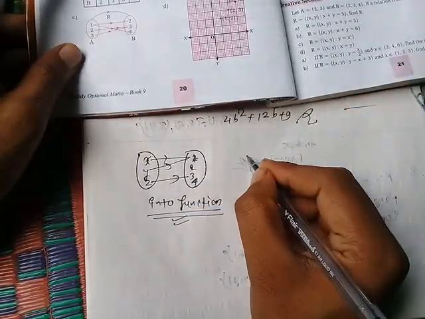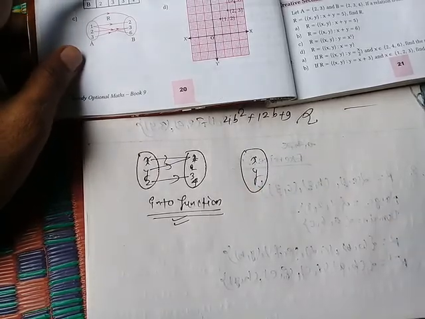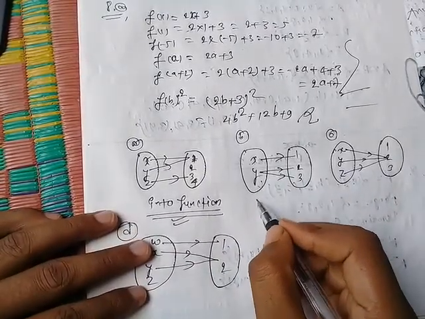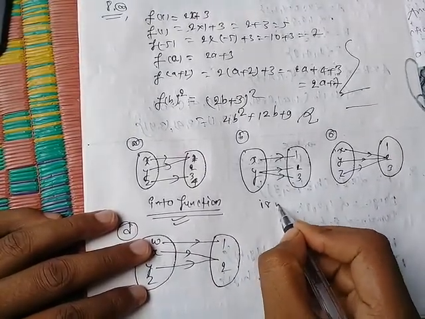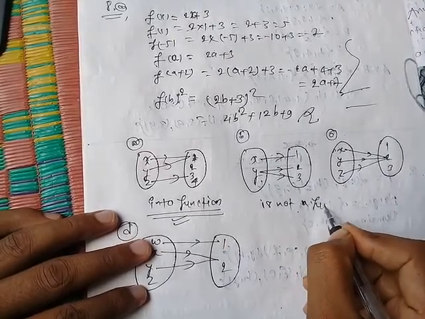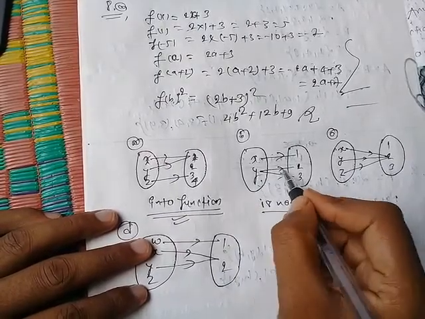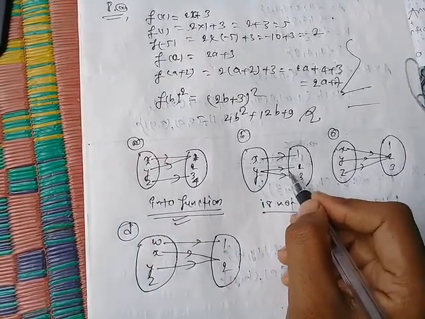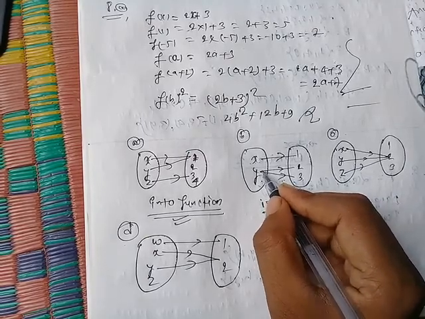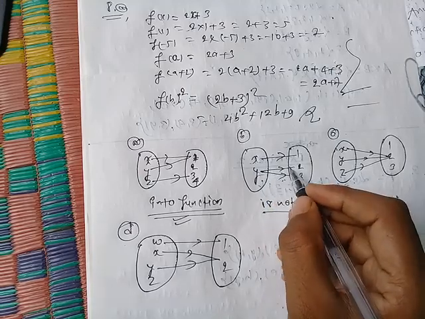Again, if we take this x, y, this is not a function, because here y has two images. One component in x should have only one image.